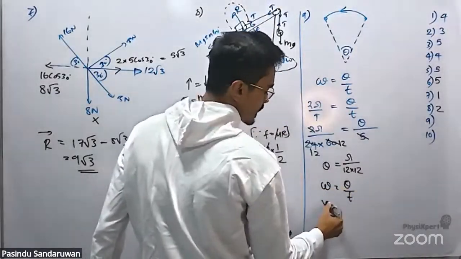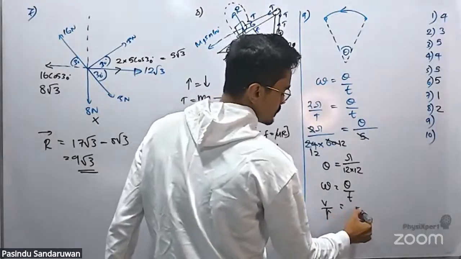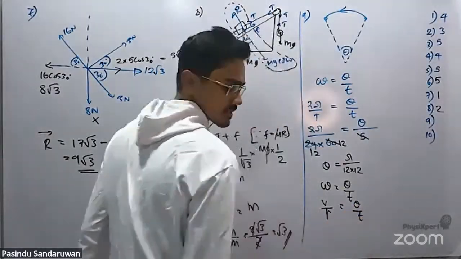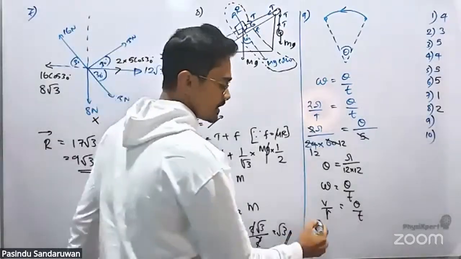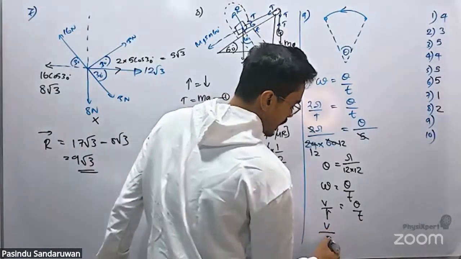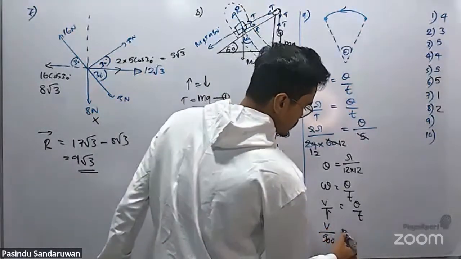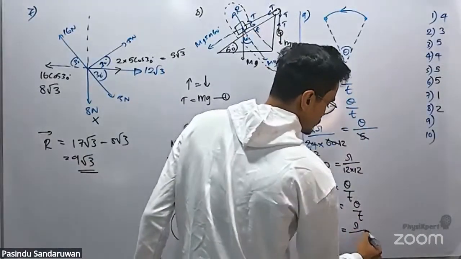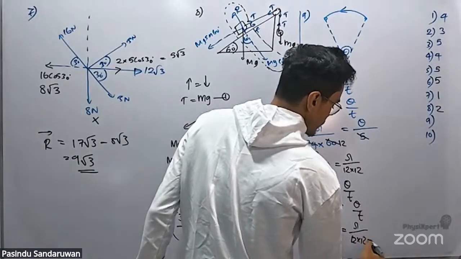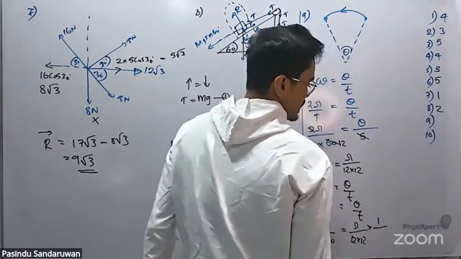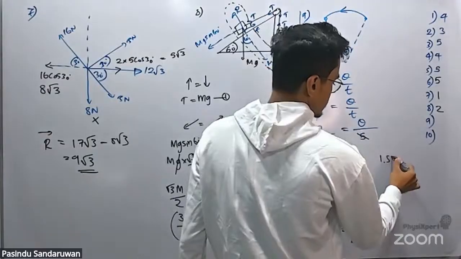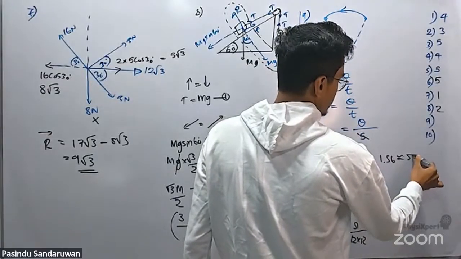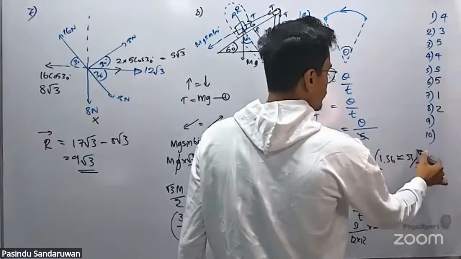But now omega can be expanded as v over r. v over r is theta over t. v is what we need. r is 500. Theta is here, 5 over 12 times 12. And t, instead of writing 1.56, we know 1.56 is approximately 5 over 2.